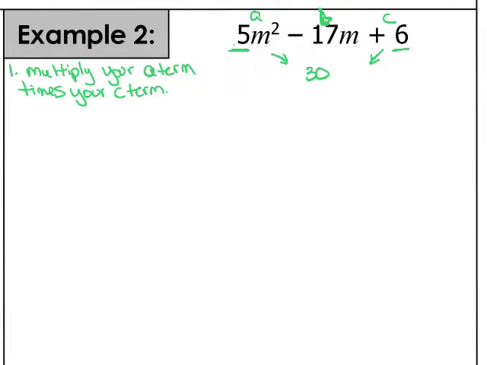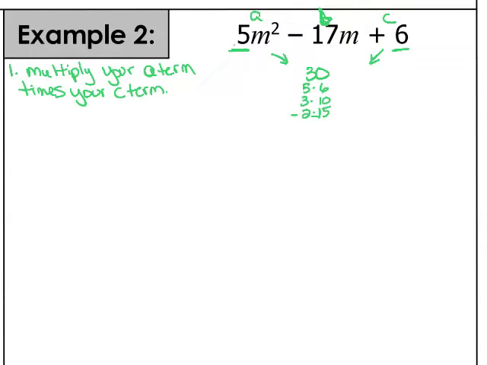I get 30. And now I have to think about all the factors of 30. Well, 5 times 6 and 3 times 10 and 2 times 15. And oh, look, if I have a negative 2 and a negative 15, that's going to add up to negative 17. Those are going to be the two factors I need.